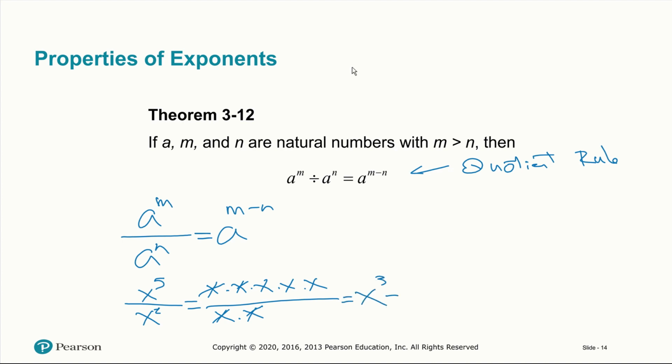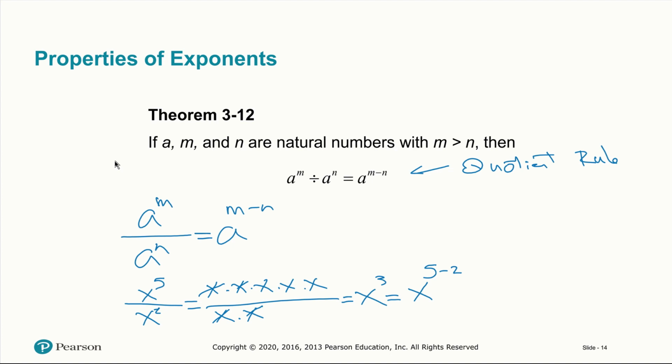So the quick way of getting that, of course, using the quotient rule, as long as you have the same base on both your powers, you can apply the quotient rule, and you could have just gone x to the 5 minus 2. This, of course, is priceless because it helps you understand why the quotient rule makes sense.